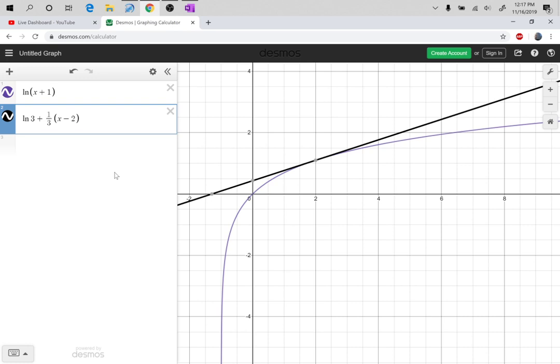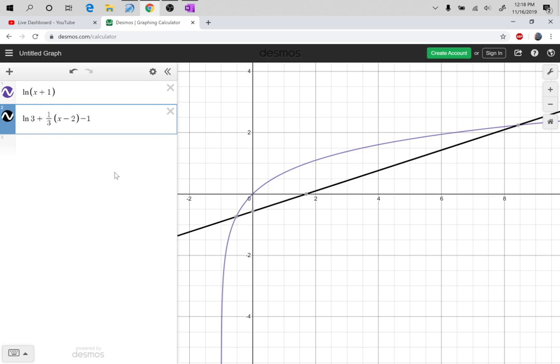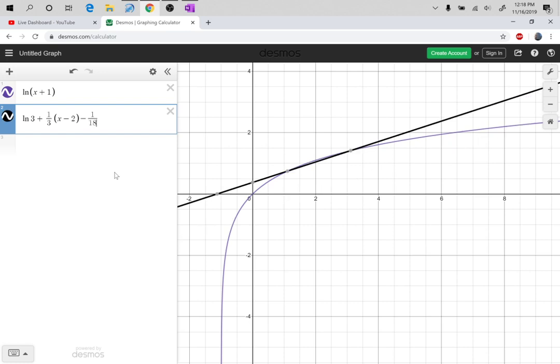So you see the tangent line, and you guys see that now because it was centered at 2, they are matched at 2. As soon as I add the next term, what was the next term? Plus or minus? Yeah, minus 1 over 18, times x minus 2 squared.